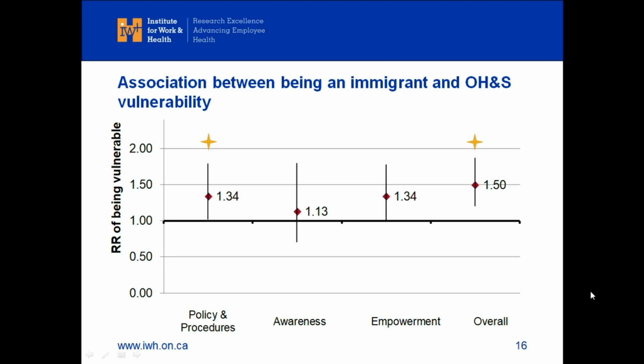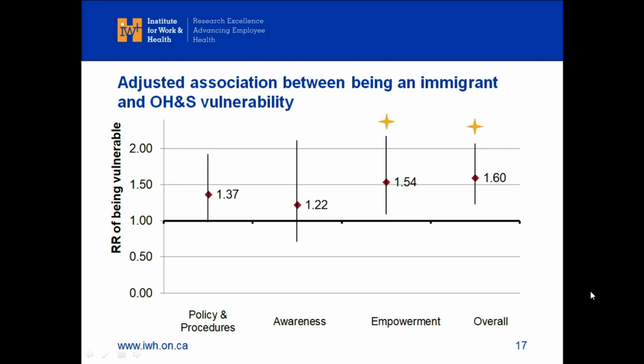We then did one final thing, which is to adjust for the population characteristics of who we spoke to and the types of work that they were in. So we took into account the fact that more people in the immigrant population were in temporary work than the Canadian-born Ontario population, and we also took into account the age, gender and education demographics.